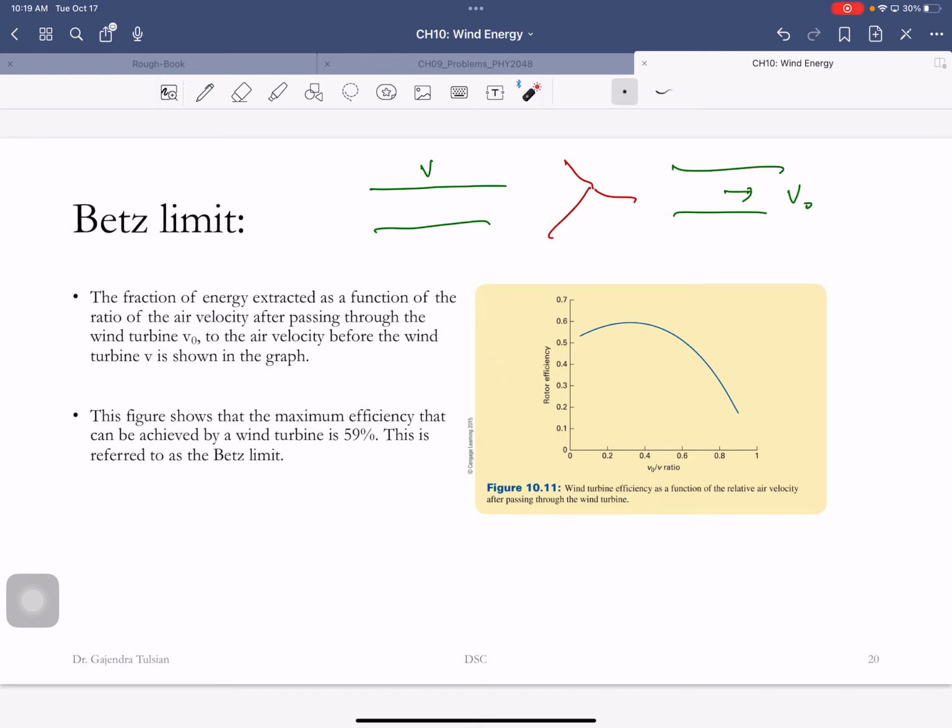You see the rotor efficiency, how much energy it can extract, and the maximum is 59%. That's the Betz limit. Actual windmills extract about 40%.